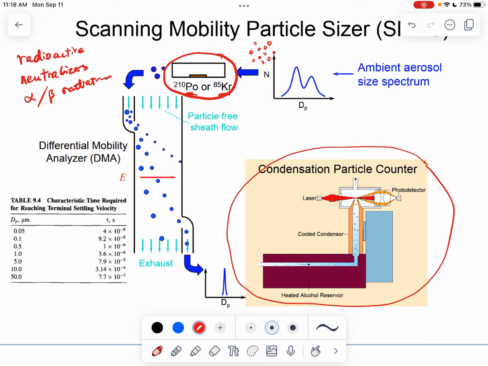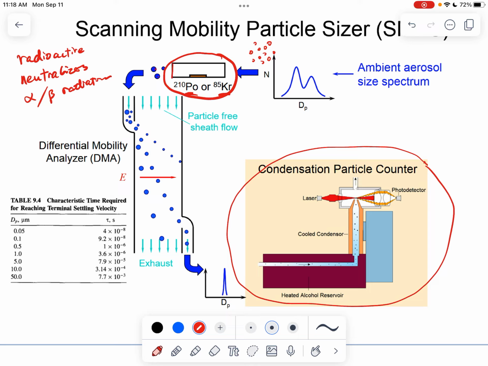Okay, so currently there are also newer methods that try to avoid these neutralizers. If you're doing these measurements in the lab, then that's okay because the source is contained, right? But if you want to conduct these measurements in closely confined environments, for example in hospitals or in aircraft cabins, then because of the vibration, or people may be concerned about their safety, right?